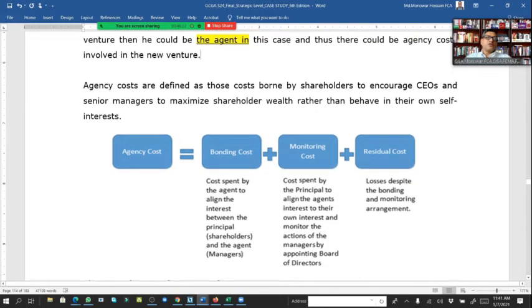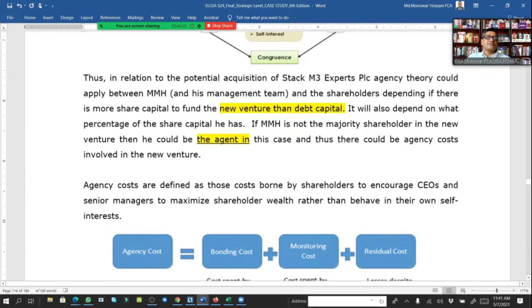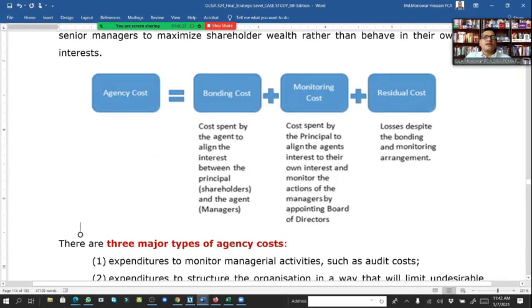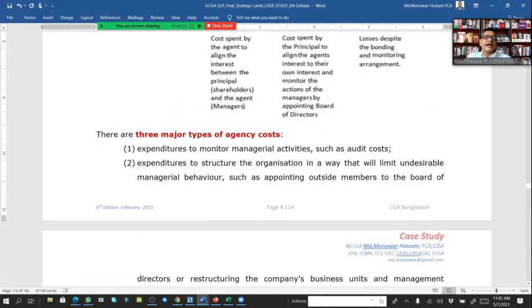So here we know the agency cost. Look here. Bonding cost is the cost spent by the agent to align the interests of the principal, shareholders, and managers, and monitoring cost plus residual cost also make up the total agency cost. There are three major types of agency cost.